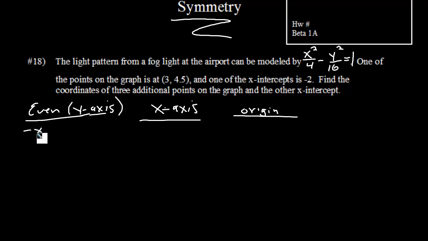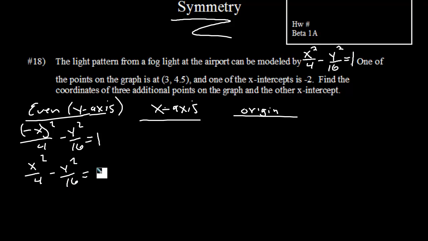For the y-axis, I change the sign of x. And I get that it's the same as the original. So yes, it's even. For the x-axis, you change the sign of y.